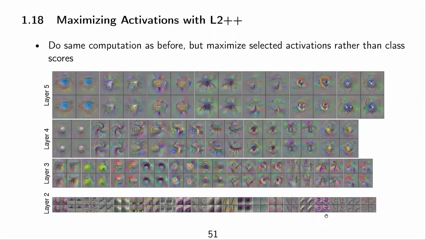This type of visualization can also be used to not only maximize responses for the raw class scores, but also for particular chosen layers or channels. What we see here are some optimization results for optimizing some selected activations in layer 5, layer 4, layer 3, and layer 2.